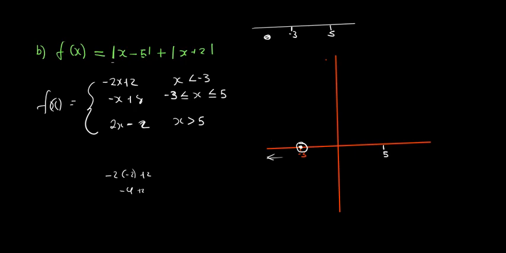Alright, no, I'm not supposed to put negative 2. I need to put numbers going this side, like negative 4. Negative 2 is greater than negative 3, so I made a mistake there. So let's plug in negative 4.